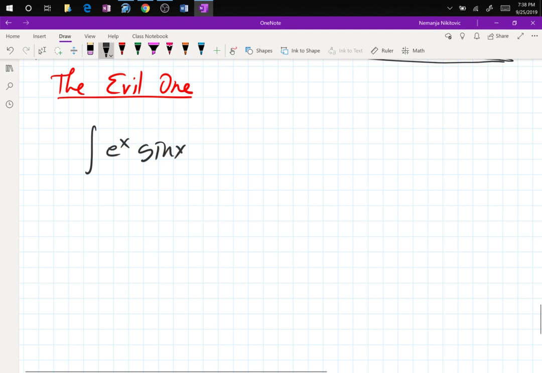It's going to be fun. Do we see the issue here immediately without even starting the problem? Both of them are never-ending derivatives. Exactly. No matter which one you put for u and which one you leave for dv, you can differentiate and integrate, but you can never kill either of them, right?